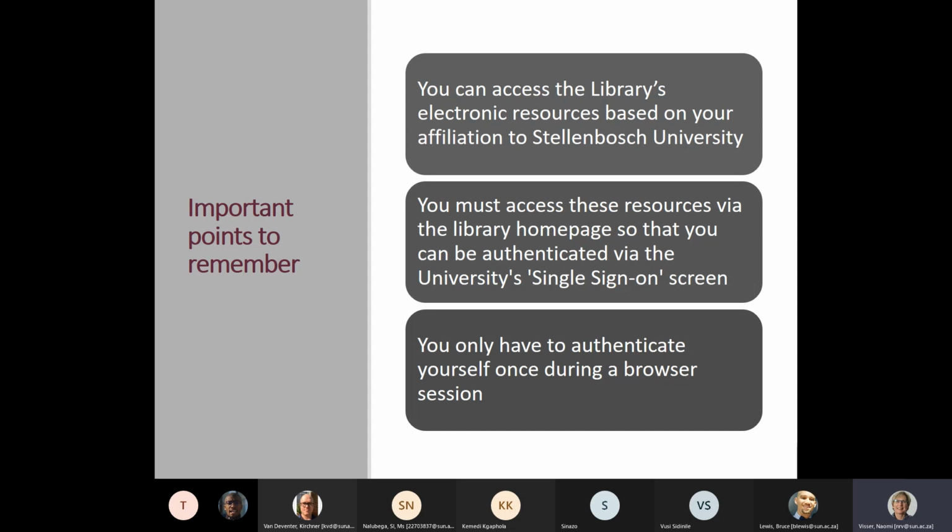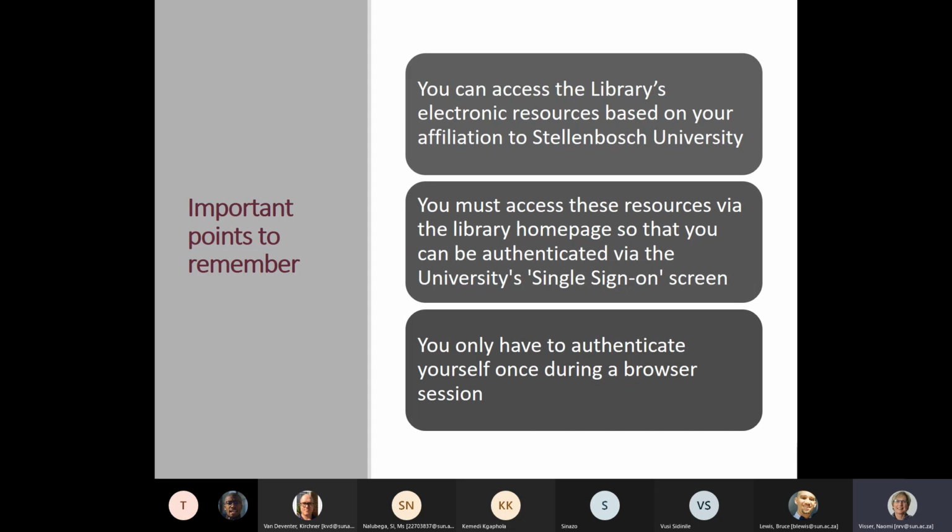And we pay huge amounts each year to make it possible for our students and staff to access these resources. And of course, the providers of these resources want to be sure that only legitimate users of their content are allowed access. So we have to have certain measures in place to make sure that these resources are not illegally used.